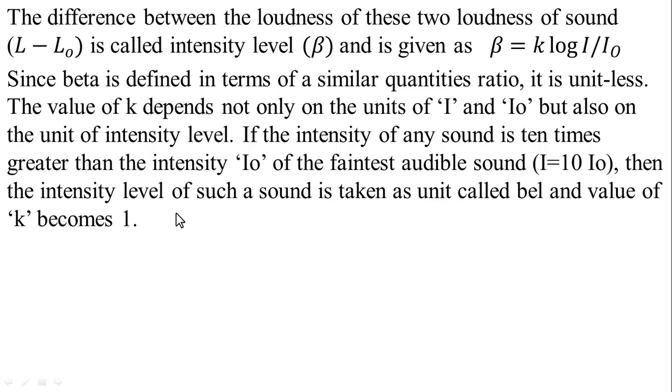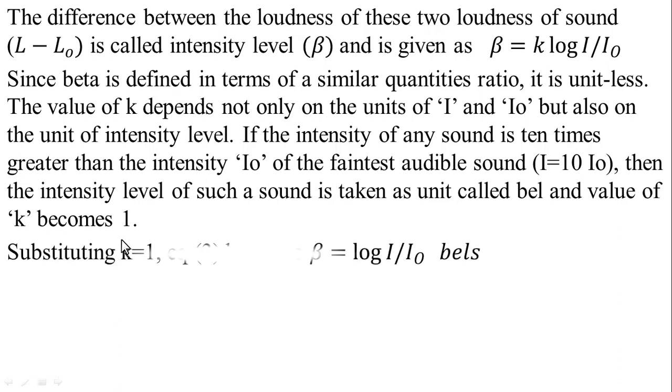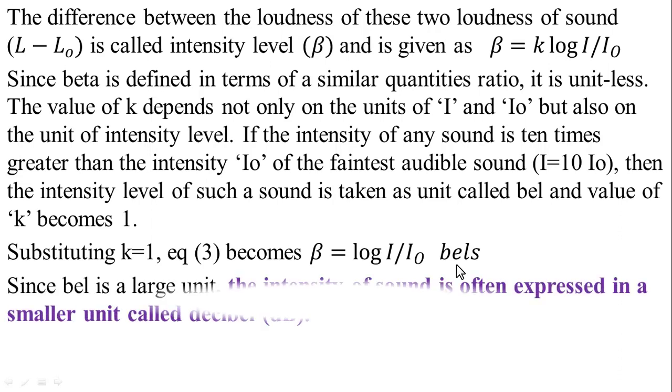Then the intensity level of such a sound is taken in the unit bel, and K is equal to 1. So L minus L naught is equal to beta. Here K is equal to 1, so the equation is beta is equal to log of I over I naught in bel.